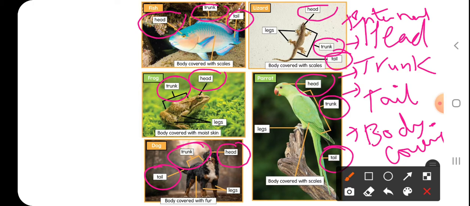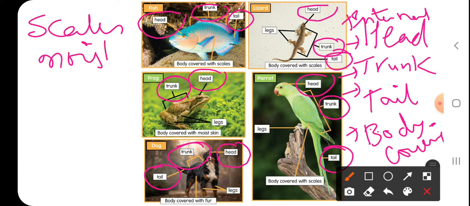So when we have seen the common features or similarities, now let us write the differences also. When you observe these fishes, they have scales as their body covering. Whereas a frog has moist skin as its body covering.